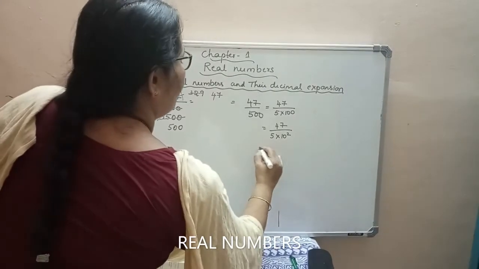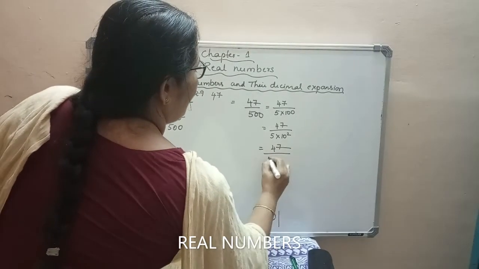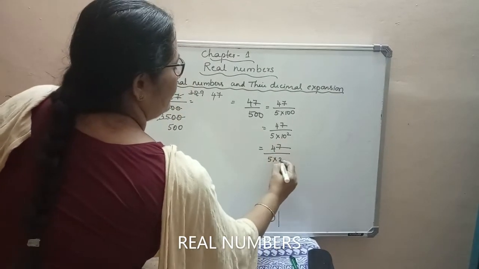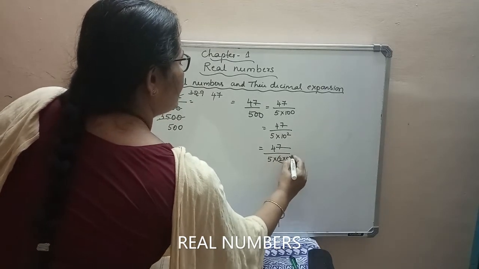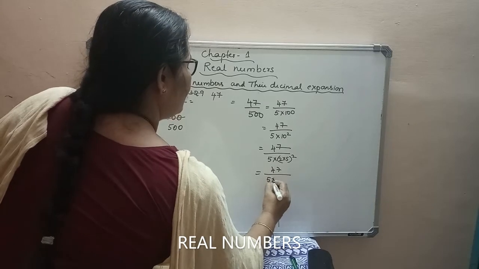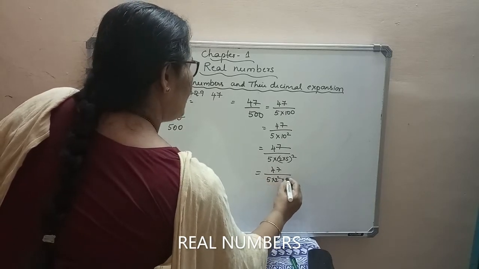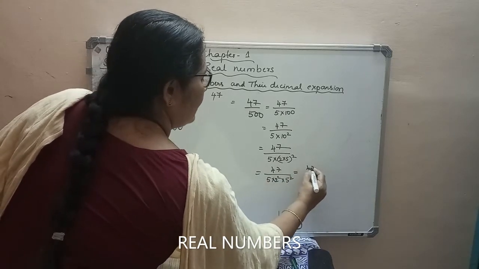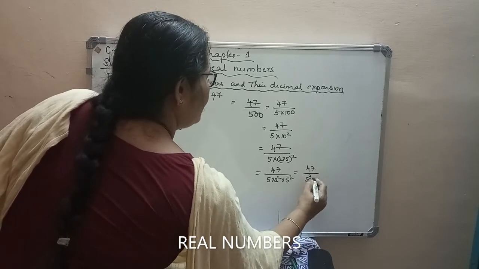And 10 can be written as 2 into 5, so 10 square is 2 into 5 whole square. So 47 divided by 5 into 2 square into 5 square, which is nothing but 5 cube into 2 square.